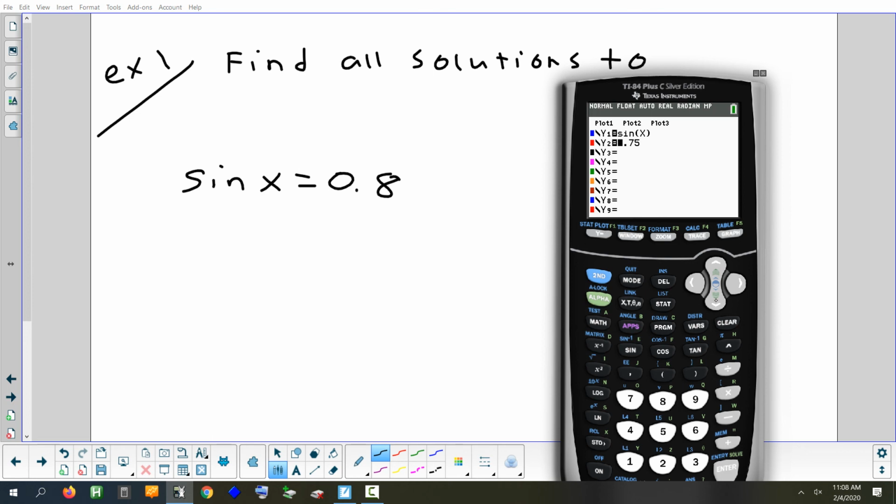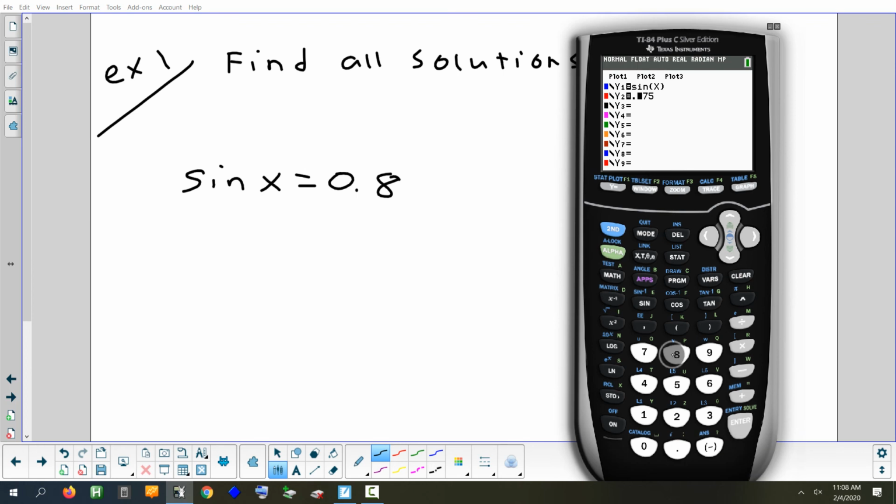I have y2 be 0.8. And when I graph that, how many cycles do I want to look at? Just one. And what's the width of a cycle of the sine function? Yep, Caleb. 2 pi, I think I already got it in there from before. So 0 to 2 pi works.